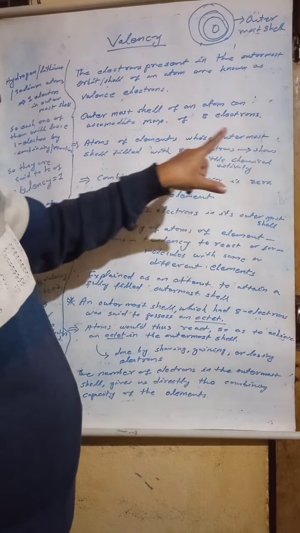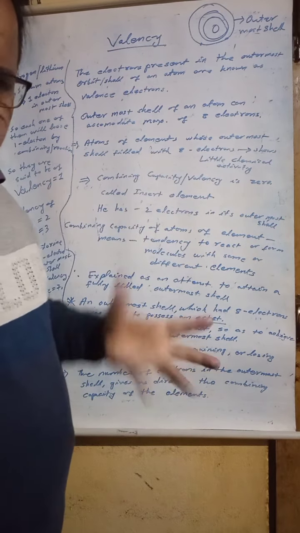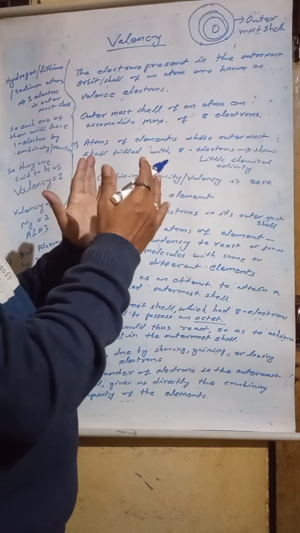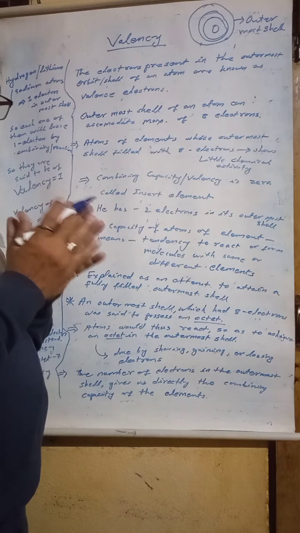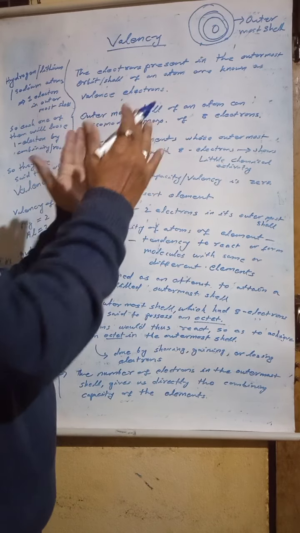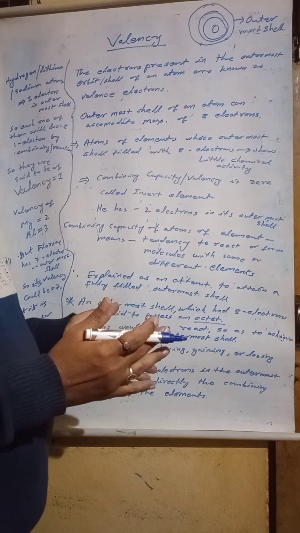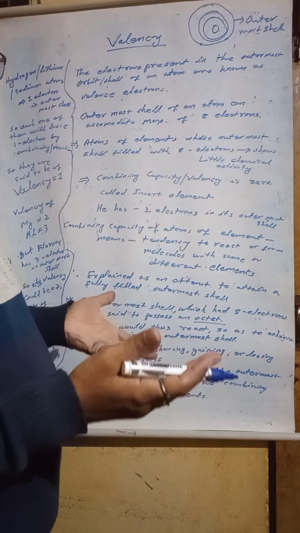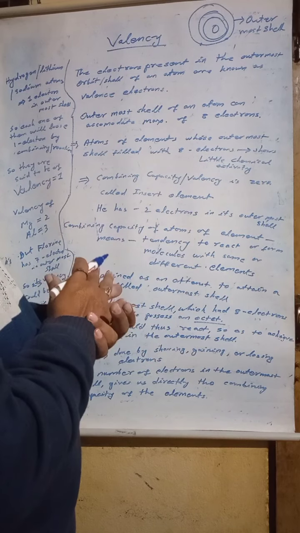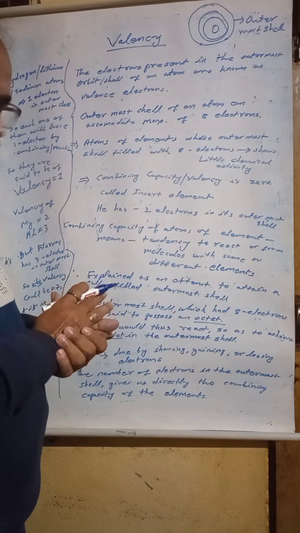Atoms of elements whose outermost shell is filled with 8 electrons show little chemical activity. Why? Because the outermost electron maximum capacity is 8. If its maximum capacity is 8, how will it combine with others to get the outermost electrons as 8? So it has little or no chemical activity at all.